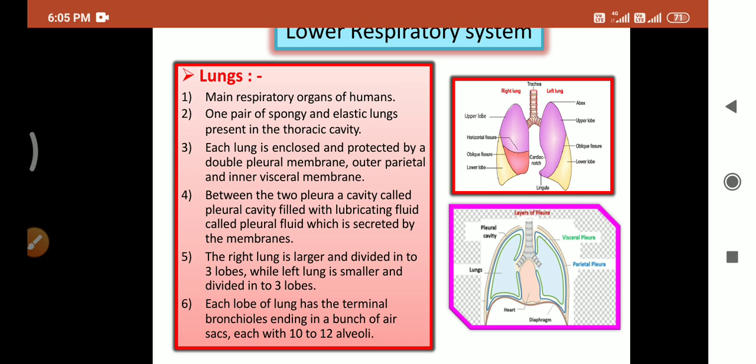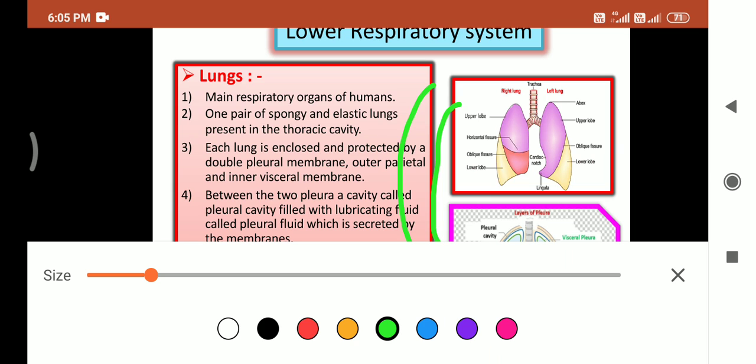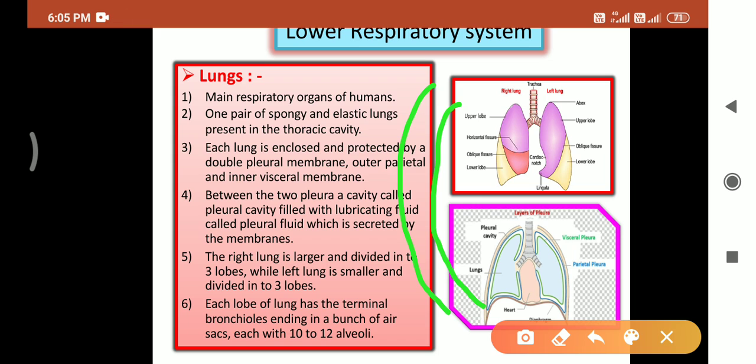Moving on to the fourth point: between the two layers, how is the pleural cavity divided? If this is the outer layer, parietal, and this is the inner layer, then a cavity is formed, and this cavity is filled with a liquid or fluid secreted from the membranes.